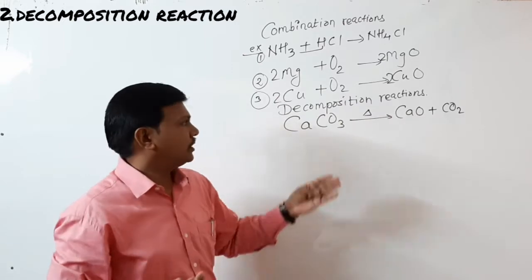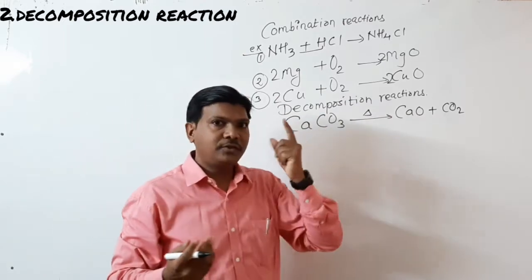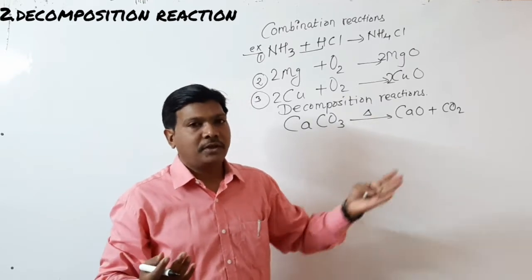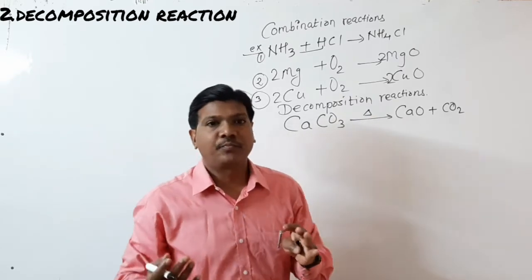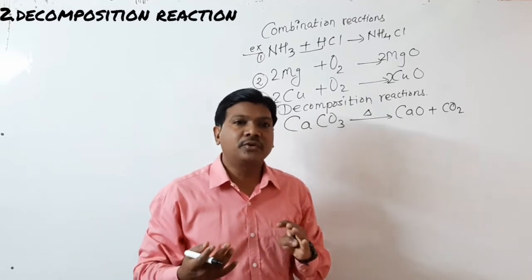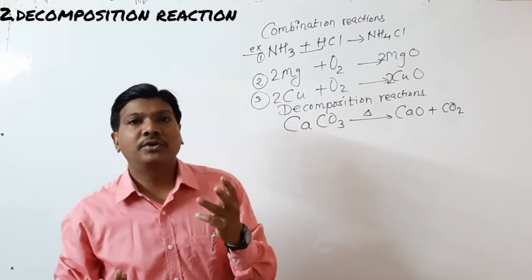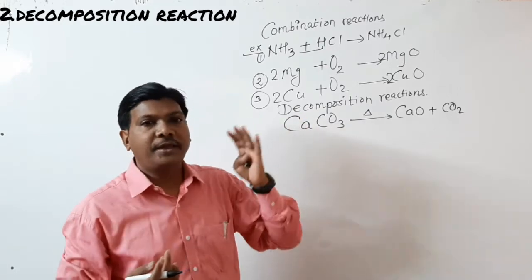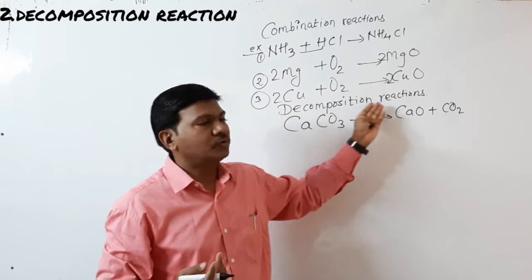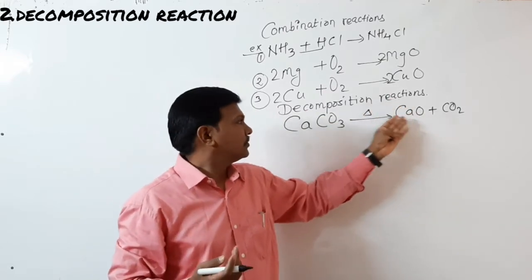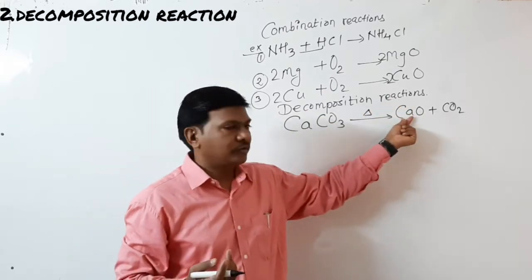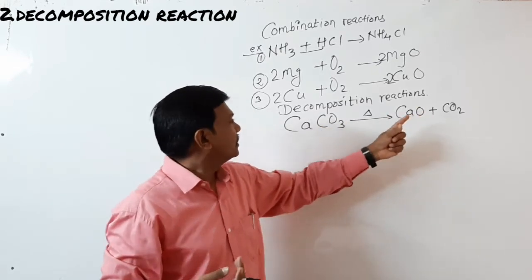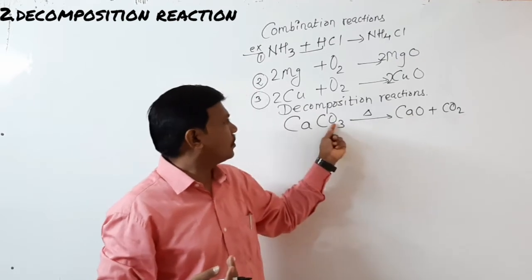So students, see here the reactant is single, but the products are two or more. Here it is two. If in a chemical reaction two or more products are formed from a single reactant, it is called a decomposition reaction. So say balancing: calcium single, single, carbon single, and then oxygen is 3.